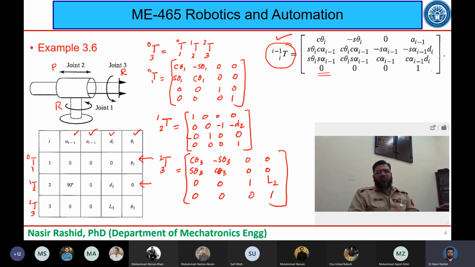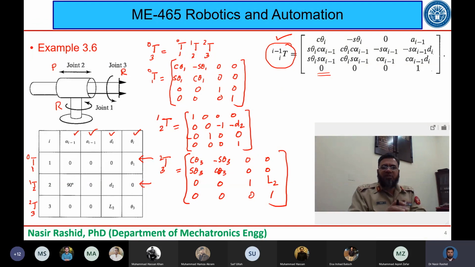So I have written down these three matrices using the DH table parameters which we had already derived for this particular manipulator, and using the link transformation which we have written down on the right top corner of this slide.